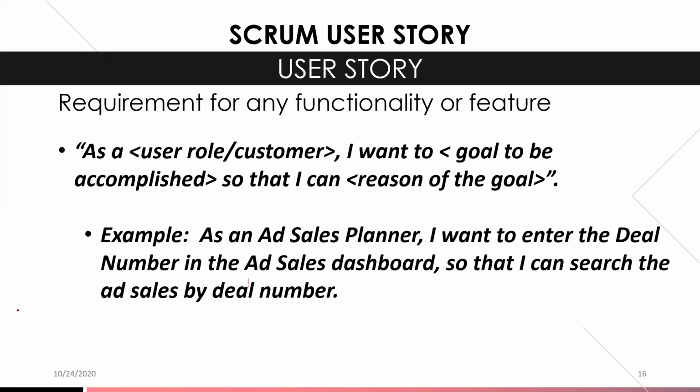If you look at the first bullet point, it says, as a, and you fill in the blank, the user role or the customer, I want to, and you fill in the blank, the goal to be accomplished, so that I can, and the reason for the goal. So that's the way the user story is written in the Scrum framework.